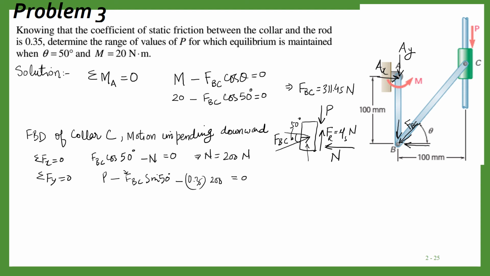From this we know the value of FBC, so we can get the value of P, which comes out to be 168.35 Newton.